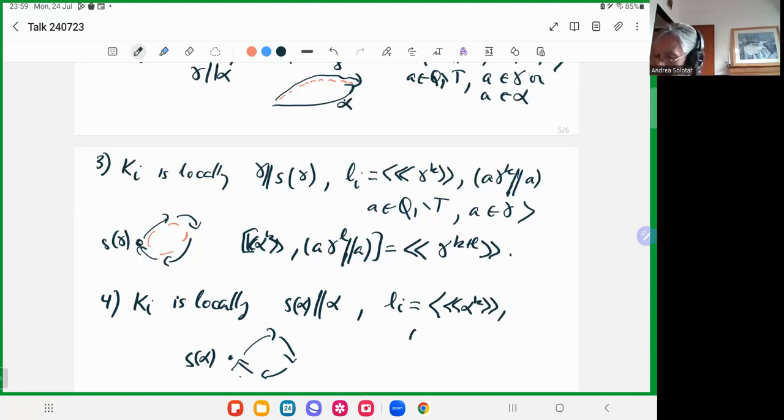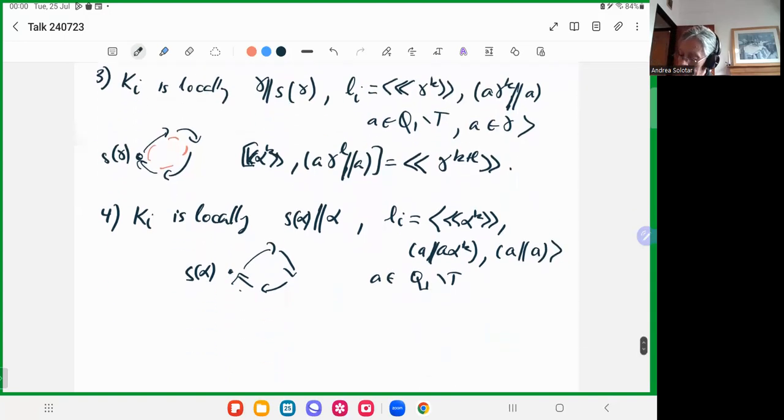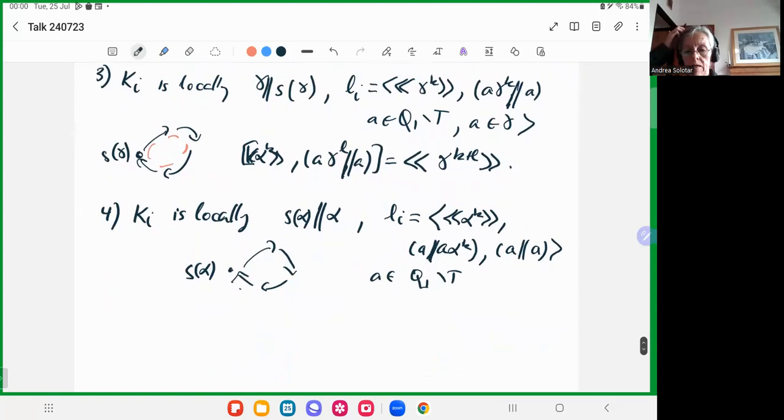And again, A parallel to A alpha k for all k, where A is an arrow which is not in the spanning tree, but here we have one more element, which is A parallel to A. And the brackets are obtained in the same way, using the Leibniz identity and using the diagonal action of this element of the Hochschild cohomology in degree 1 with the others.